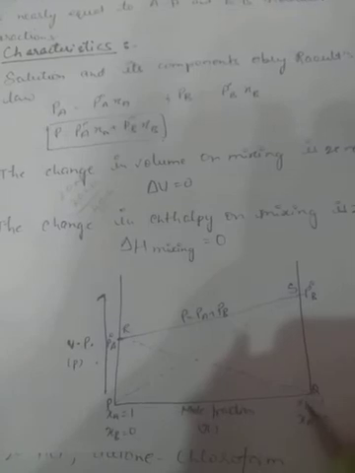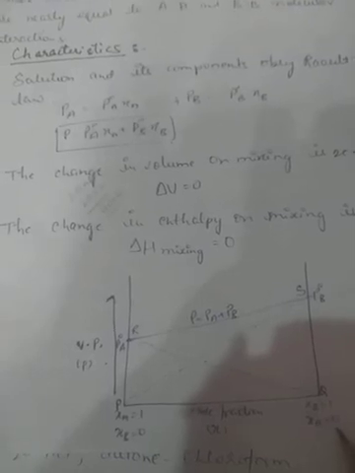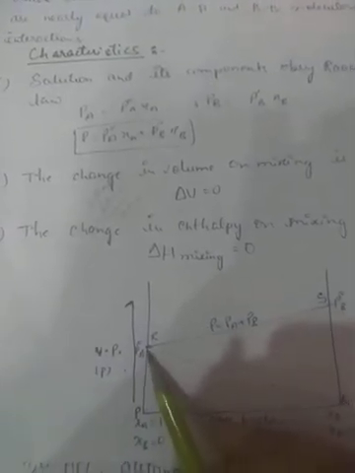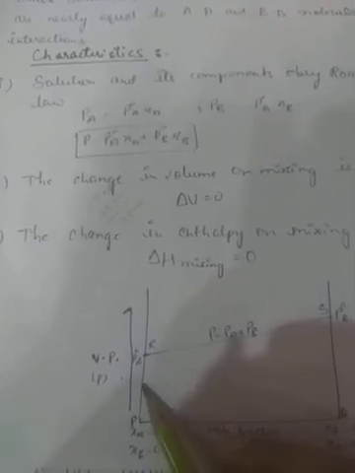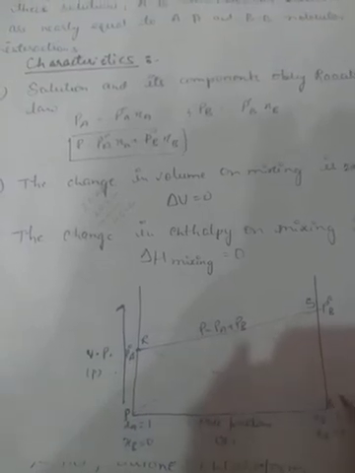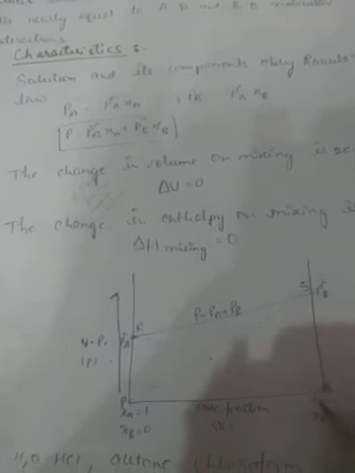At this point Q, XB is equal to 1, meaning all the moles will be of B only, and XA is equal to 0. P naught A, that is point R, shows the maximum vapor pressure of the pure component A, and P naught B, this is point S, shows the maximum vapor pressure of component B.